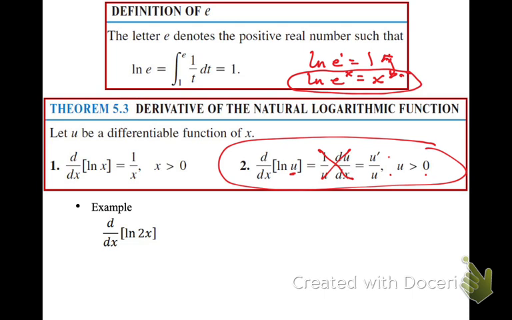So don't write down that middle little piece, because du/dx means what? U prime. And the apostrophe means it's just u prime over u. U prime over u.